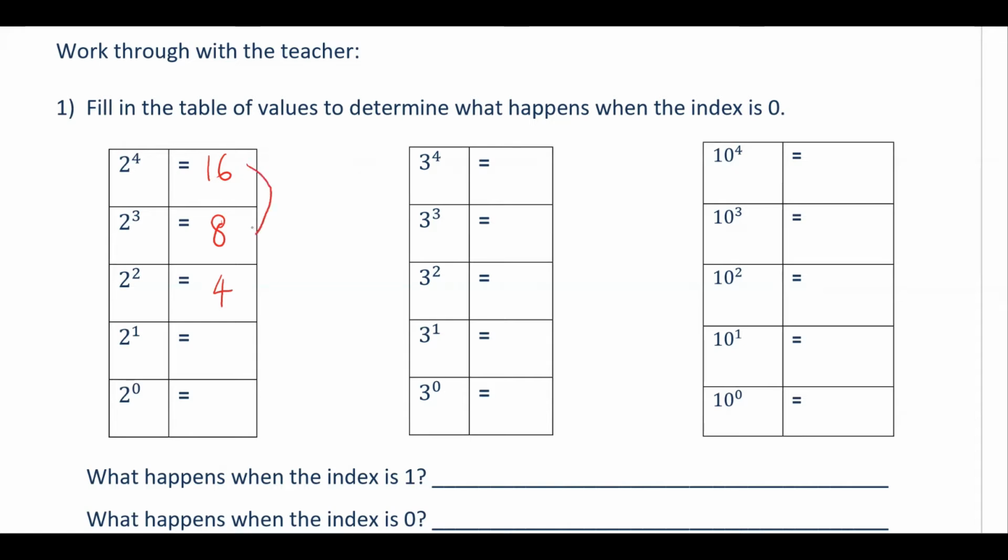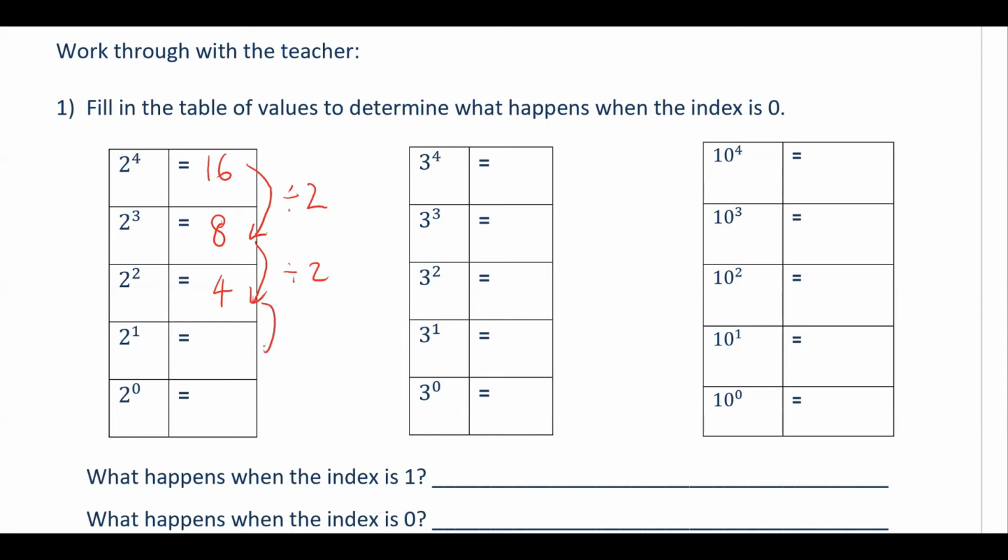Now, each time you go down a row, you're actually multiplying by one less of itself. So here, as we are multiplying fewer and fewer 2s, you're reducing it by a factor of 2 every time. So it's being halved.